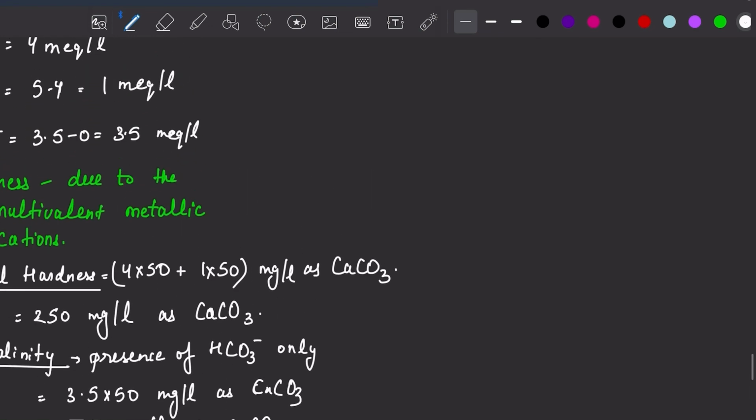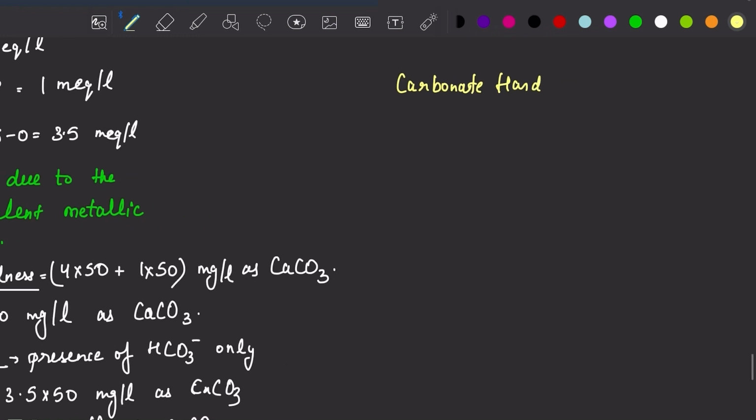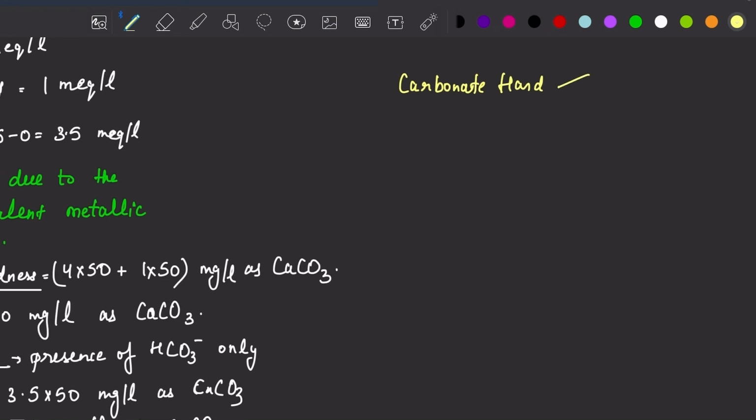Carbonate hardness is the minimum of total hardness or alkalinity.